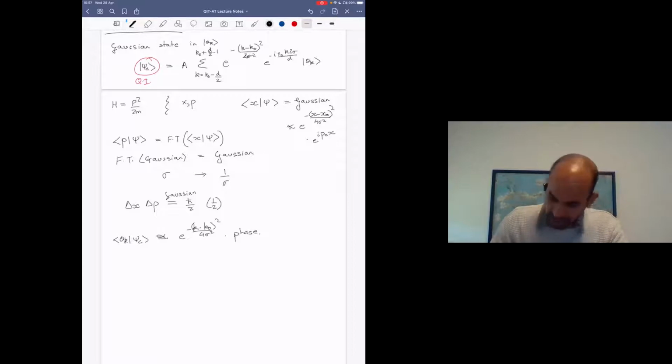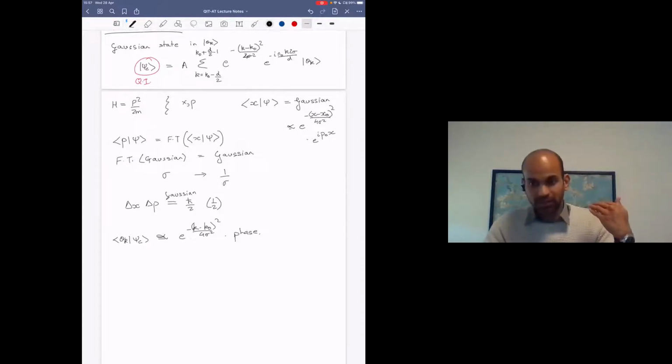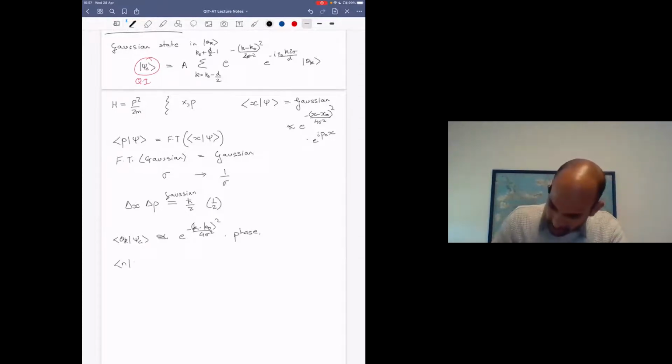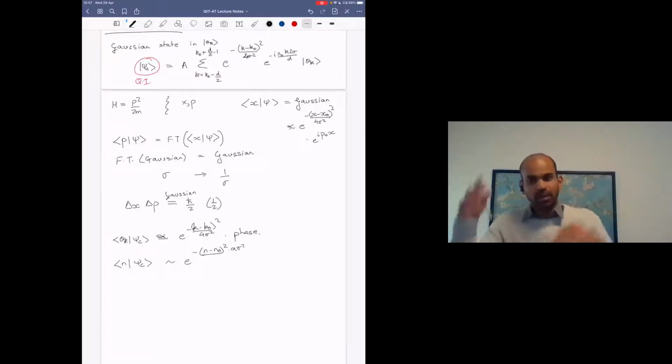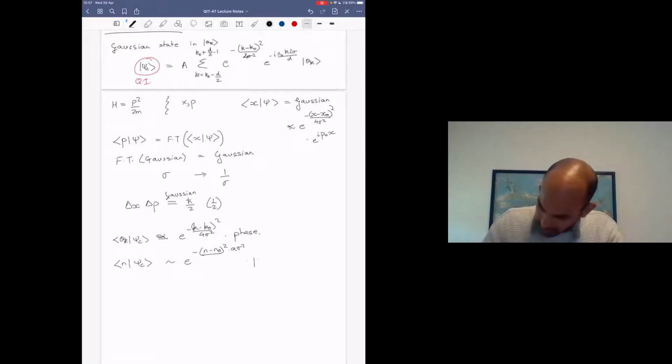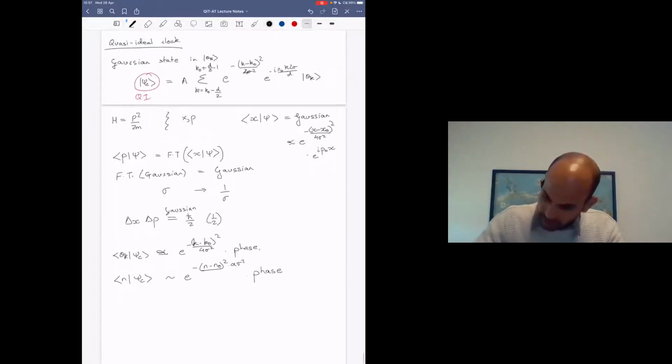So now the question is, imagine that I went back from the theta basis to the energy basis and I asked, what is n psi c? Well, it turns out that is also approximately equal to a Gaussian. So it is (n minus n naught) squared, and here you have something like a times sigma squared, because the variance has now become the inverted variance, times another phase function.